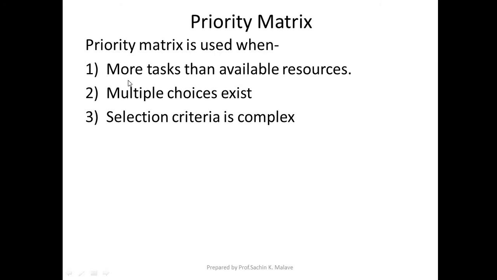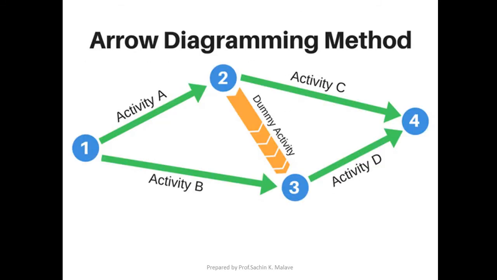I told you, more problems than available resources, limited resources. It is also used when multiple choices exist and you have to choose the correct option, and when the selection criteria is complex. In that case you can go for this priority matrix.